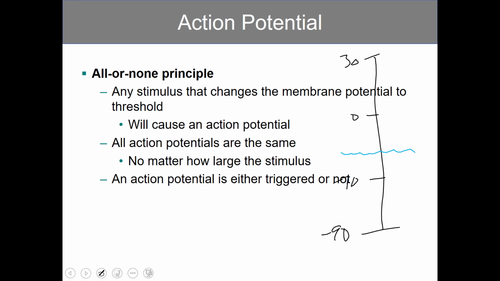And if your graded potential is strong enough to reach threshold, it gets converted to an action potential. And what the all or none principle states is that it doesn't matter what this graded potential is. It could just barely reach threshold, or it could be very strong. The resulting action potential is going to be the same. So an action potential is either triggered or it's not. And again, if that graded potential reaches threshold, it is going to be triggered.